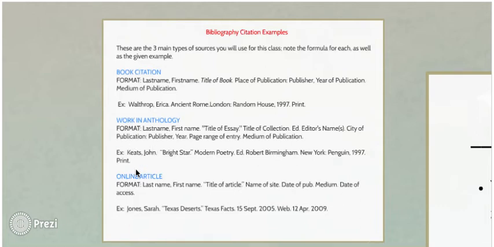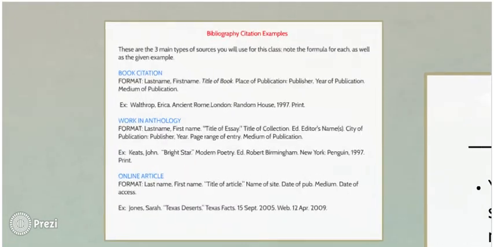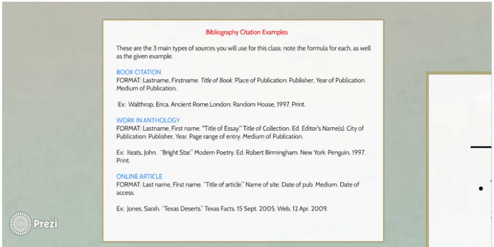And then lastly, an online article, which you might be using for some of your research resources. You will want the last name, the title of the article, the name of the site, the date it was published, the medium, which would be web, and the date of access. If any of this information is not available to you, you just eliminate it and put the other information that is correct.